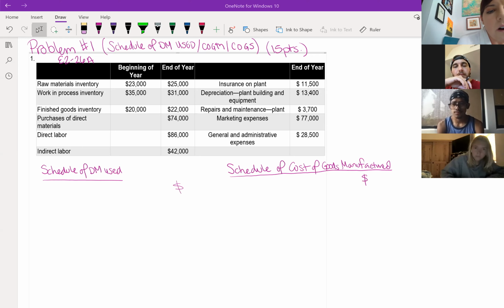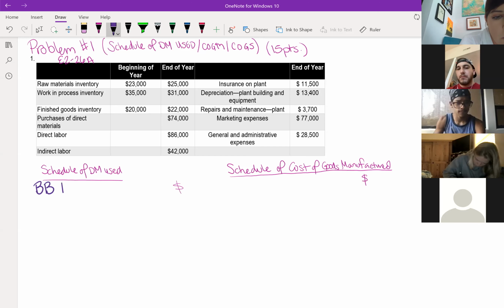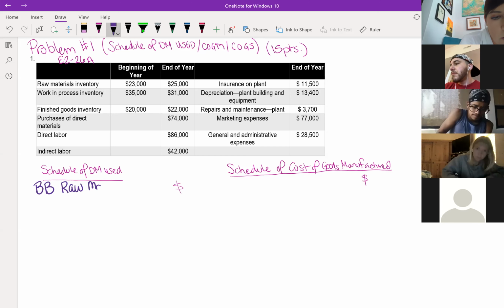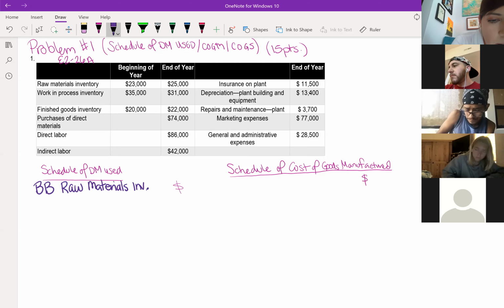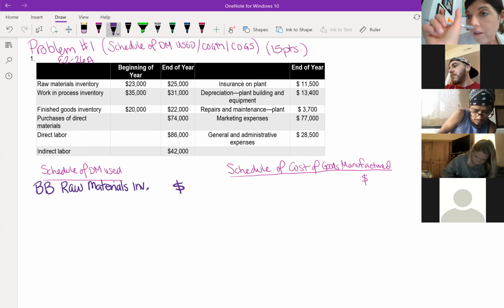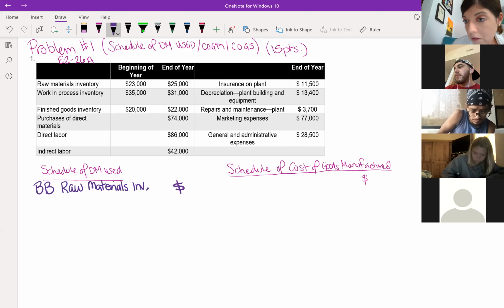So for our schedule of direct materials used, we're going to start with the beginning balance of raw materials inventory. I believe that you're going to have to fill in the words as well as the amounts.